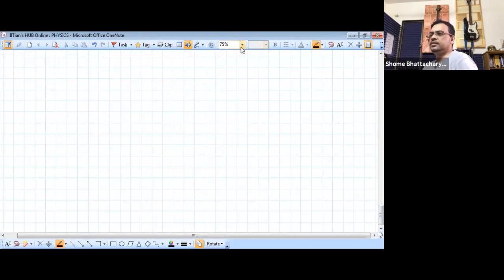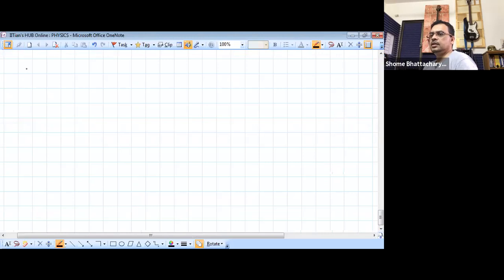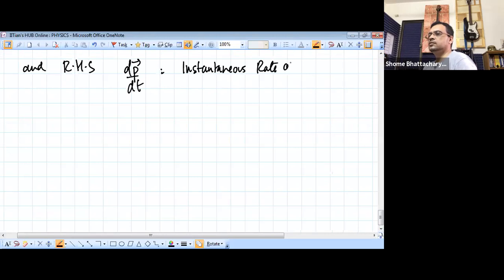Now the right hand side, on the other hand, that thing, dp by dt. The technical term for this is instantaneous rate of change of momentum, that is the vector p, with respect to time, that is small.